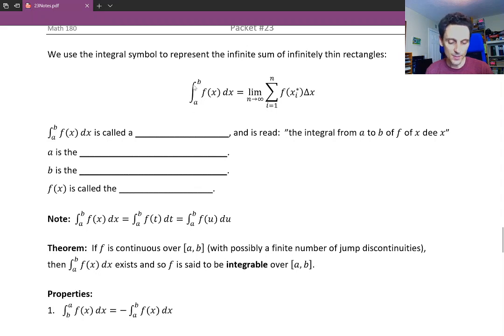They're not exactly on the bottom and the top, they're a little bit off to the right. But they're the lower limit and the upper limit of integration. In fact, I'm going to write that right here. A is the lower limit of integration.